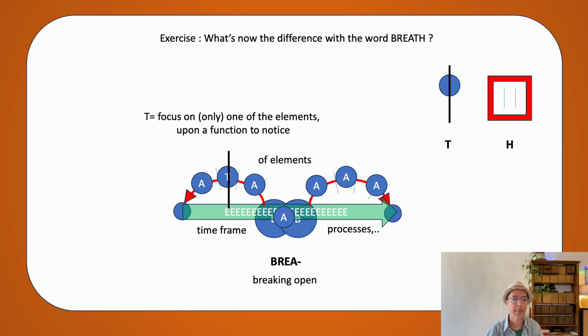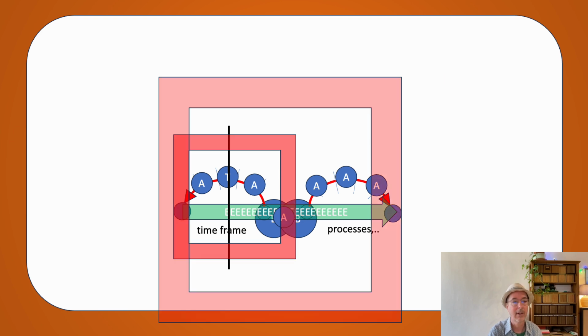So the breath here, just with the T, is looking for what can I do with it? What's the function? We will give it a context. The context will of course be an active space, a reference point of background, of context.